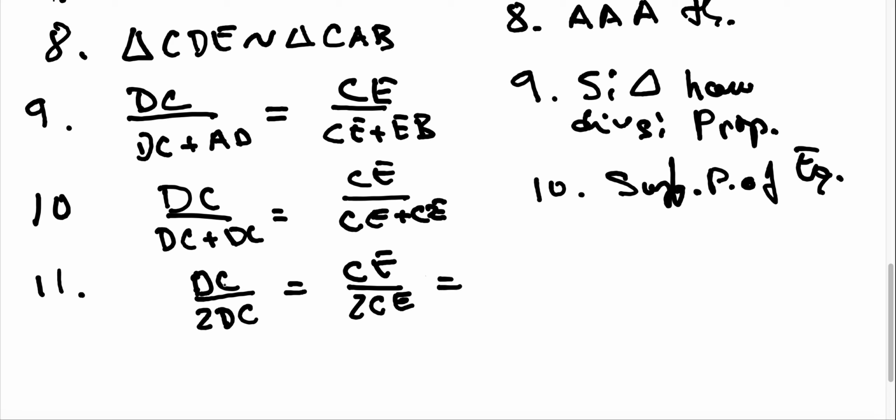And if we simplify DC by DC, and CE by CE, it is going to be 1.5. So this is an algebraic operation of simplifying the expression.